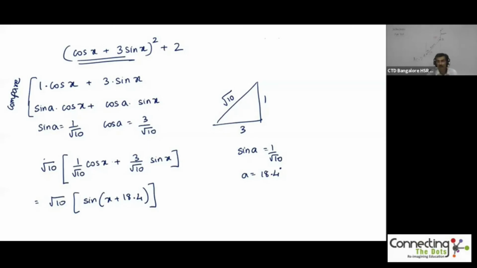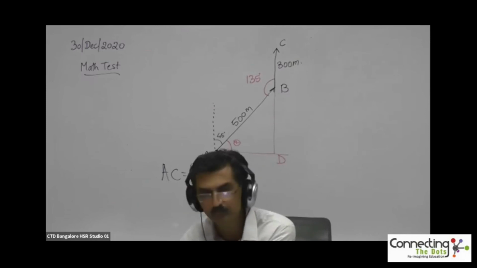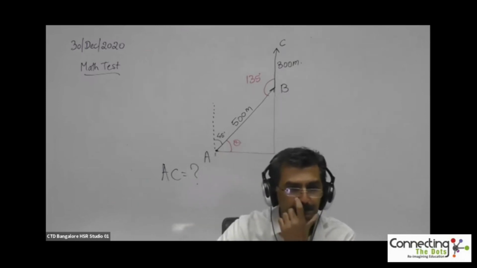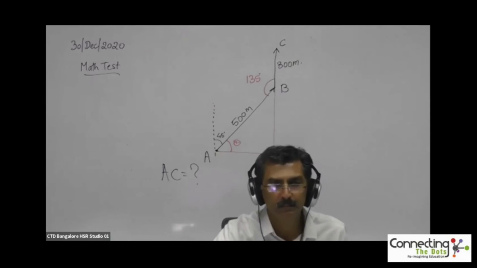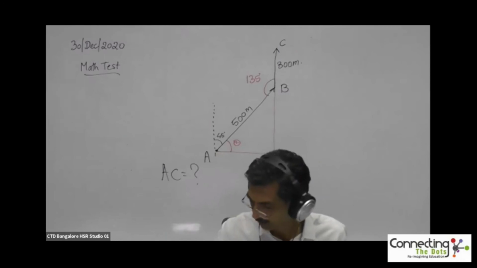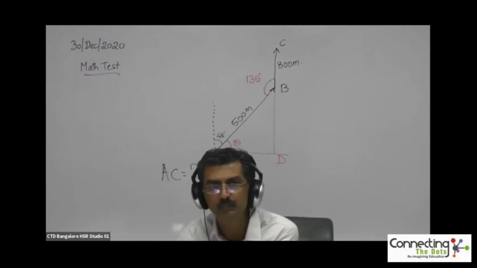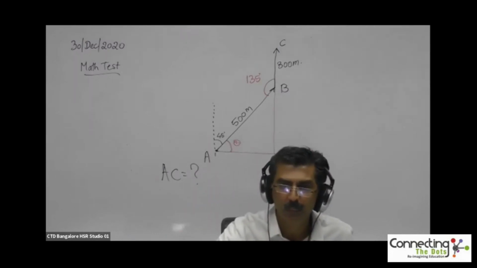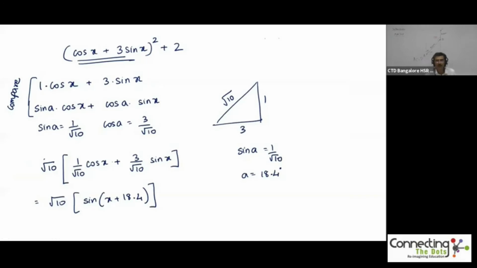So we have cos x plus 3 sin x the whole square plus 2.